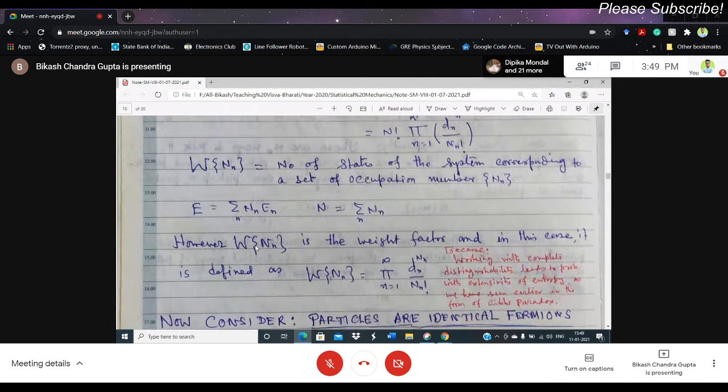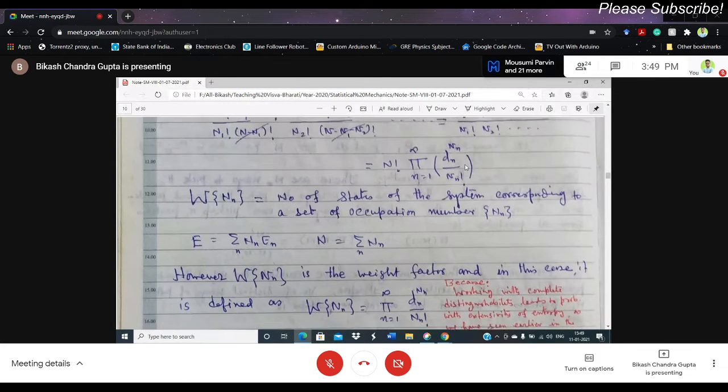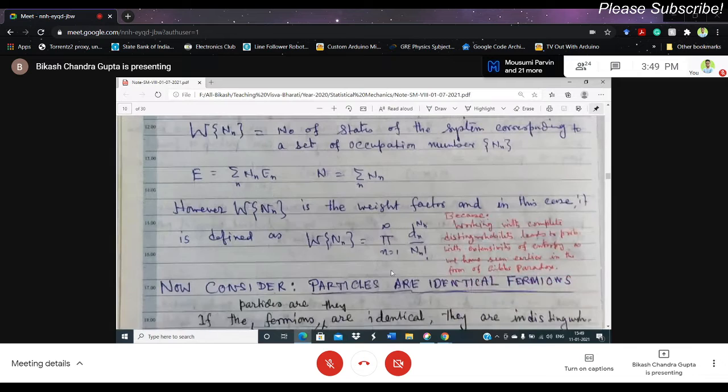Now, however, this WNN is a weight factor, and in this case it is defined, as I said, such that the n factorial is avoided. Since it's a weight factor, only this part is taken: product n equals 1 to infinity, dn to the power nn by nn factorial. So it carries the information about the weight factor.